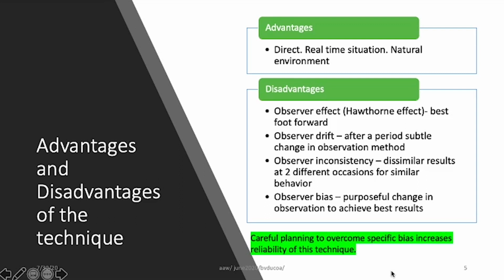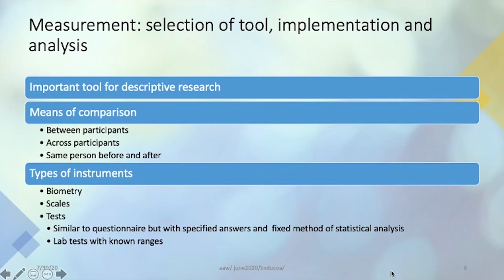So this is called bias. And because of these 4 disadvantages, which are more than the single most advantage, for this particular research, careful planning is necessary to overcome the disadvantages and increase the reliability of this technique.